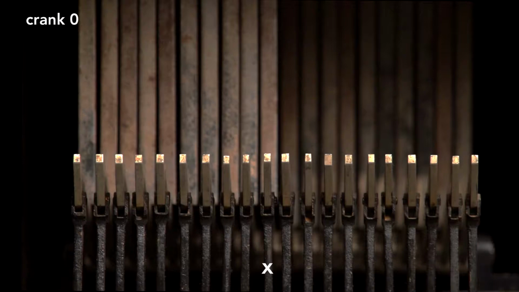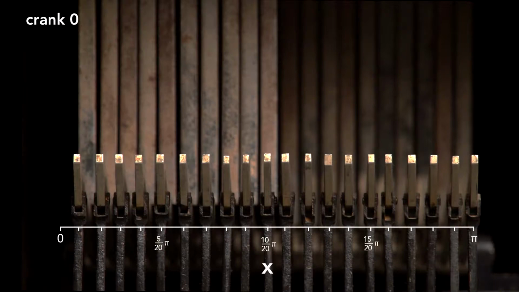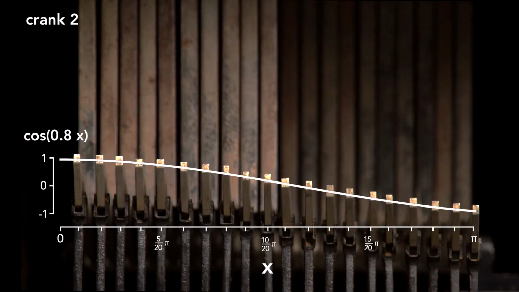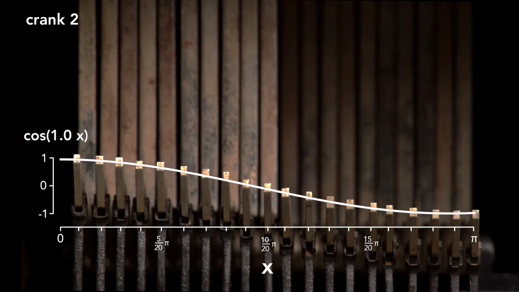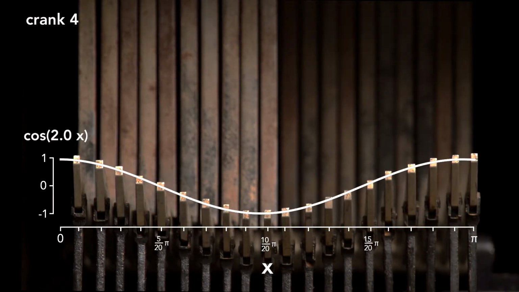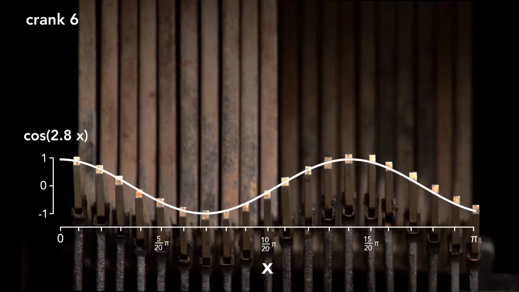If the horizontal axis runs from 0 to pi, and the vertical axis from -1 to +1, then we can describe the position of the rocker arms with a cosine. Every 2 turns of the crank increases the frequency of the cosine by 1. At these even-numbered cranks, the values of the function on the platen yield the coefficients we're looking for.